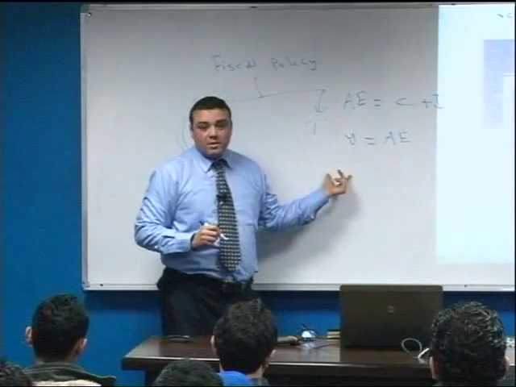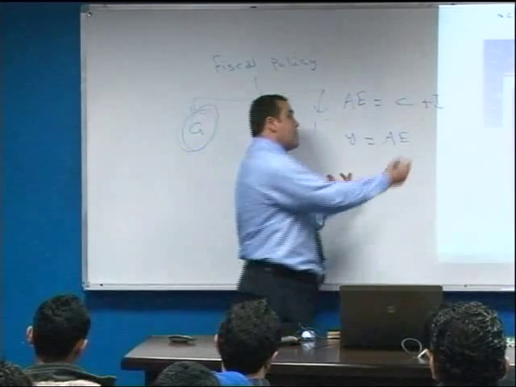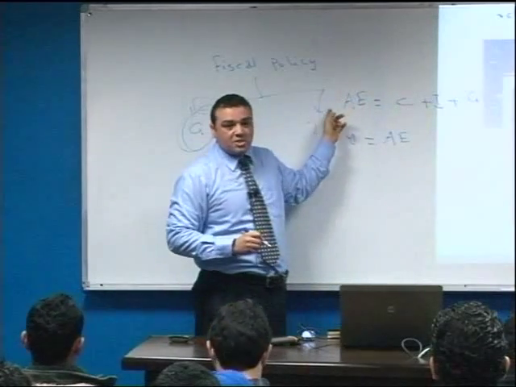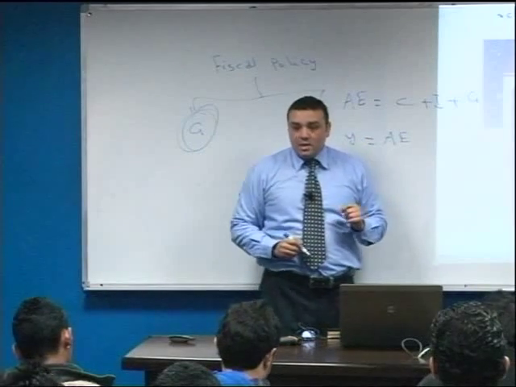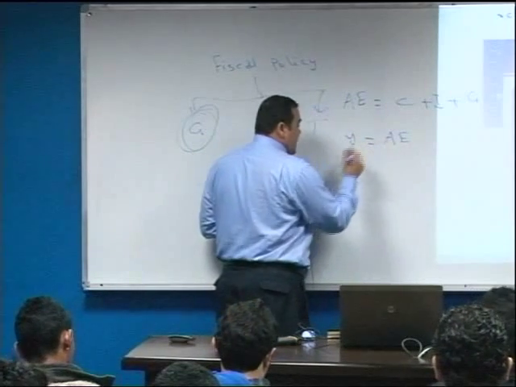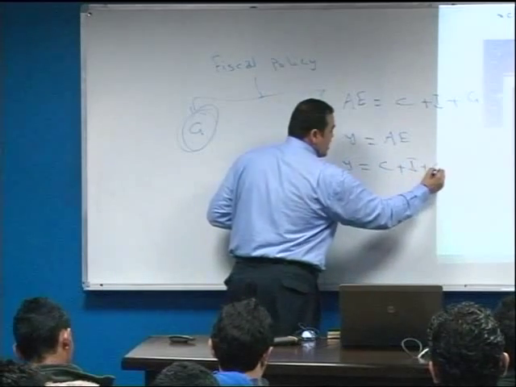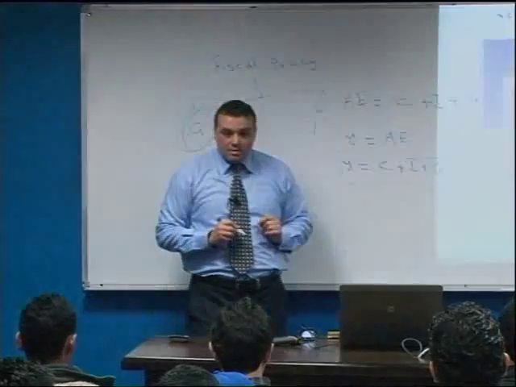In this chapter, we will add the government as a part of the spending. So the aggregate expenditure will be C plus I plus G, right? So in this case, Y should equal C plus I plus G. This is the first part. Okay.